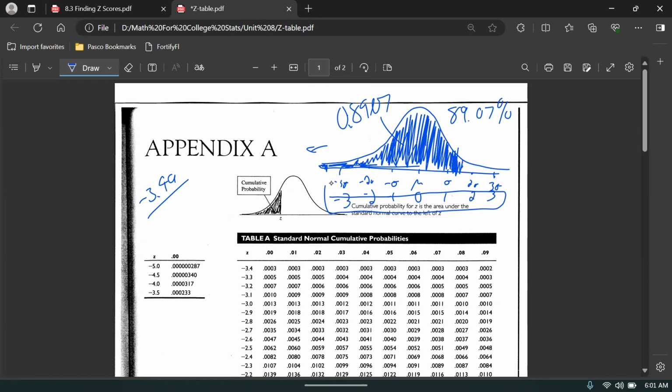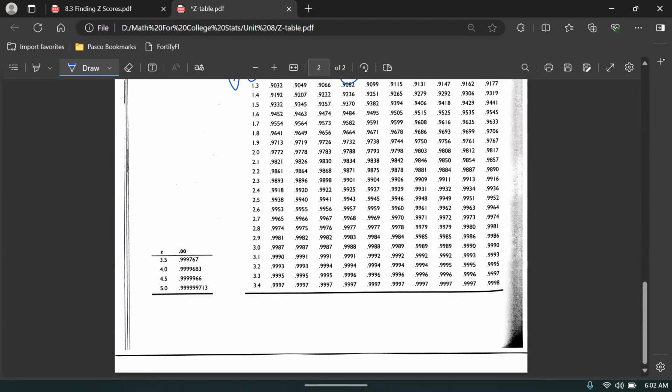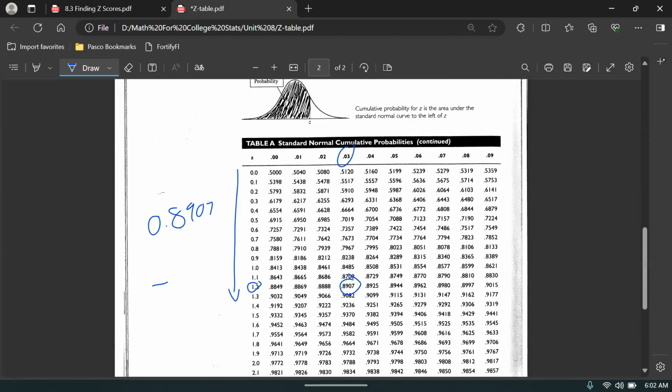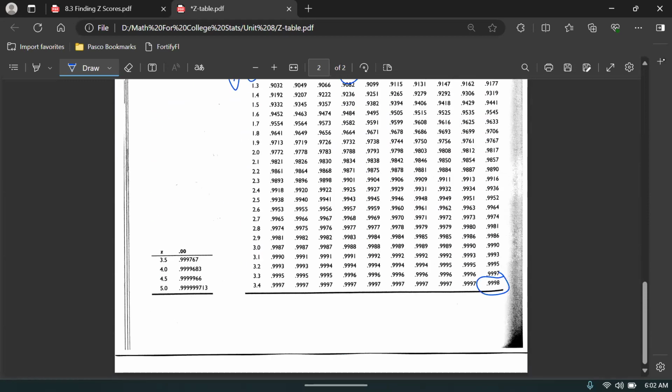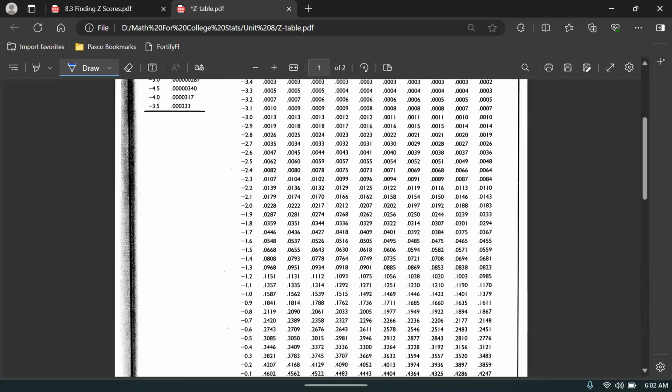So if I were to shade everything in, let's say we go all the way to 3.5 standard deviations. As you can see, this is 3.49, and 3.49 has an area of 0.9998, which basically means 99.98% of the distribution is less than that.